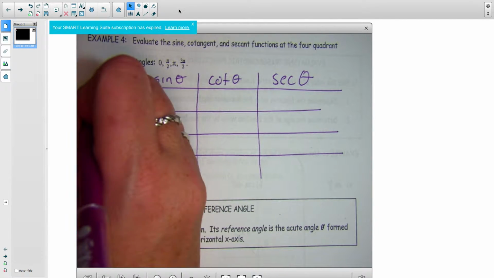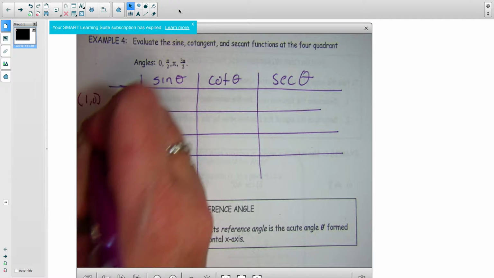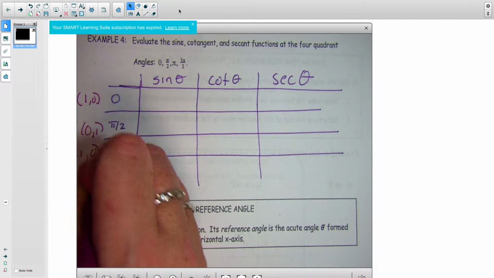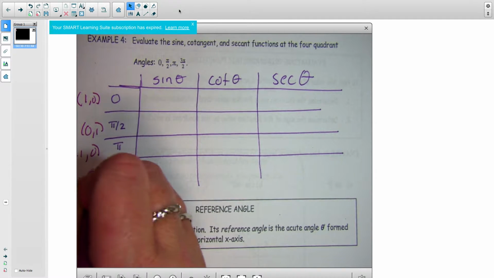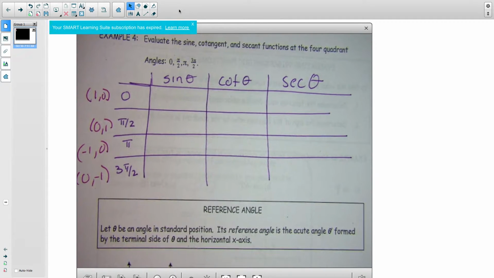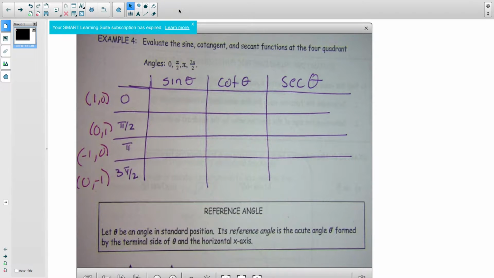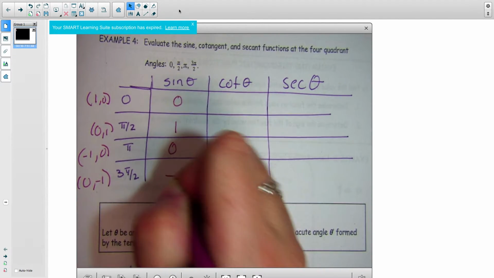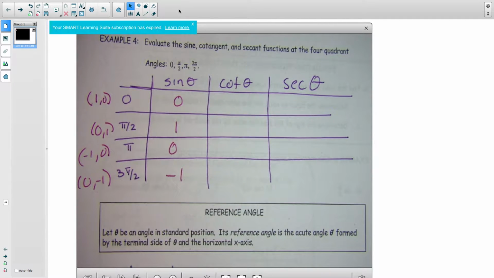So 0 is the ordered pair 1, 0. This is 0, 1, negative 1, 0, and 0, negative 1. So where do I find the sine of all these? The y's. Cotangent is what?